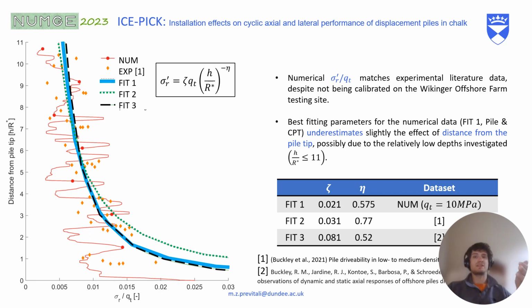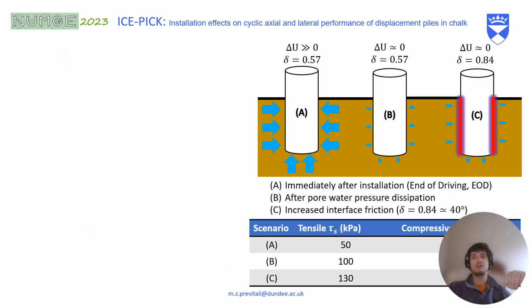However, we slightly underestimate the effect of distance from the pile tip, as shown in the table, which could probably be explained by the fact that we are investigating an overall limited penetration depth, and the data where the fitting seems to be more or less similar to that found in the field.